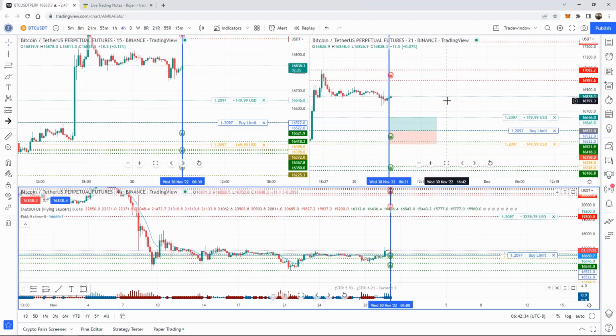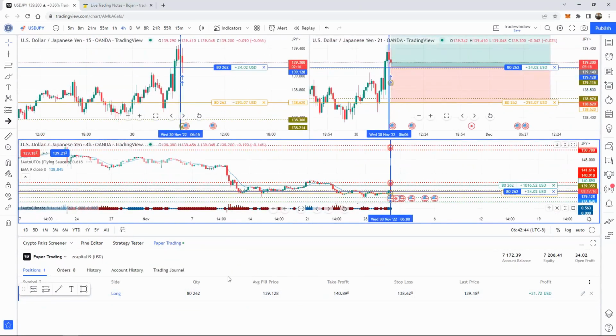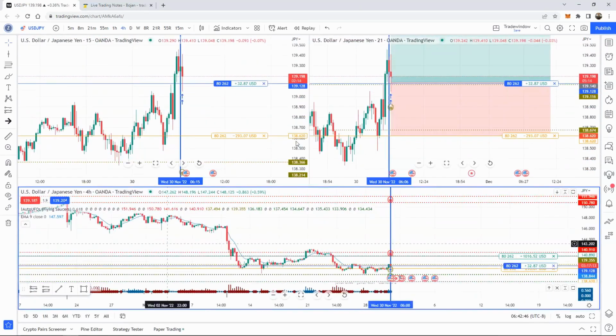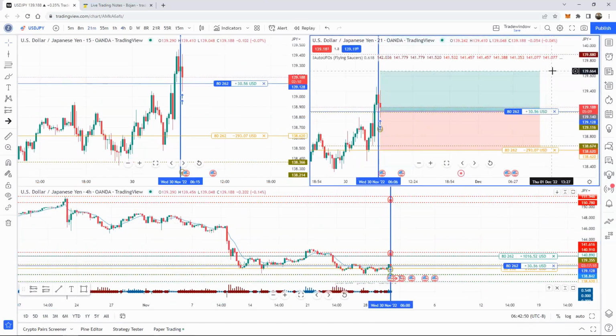I don't typically execute on TradingView. I like the platform for charting, I like it for its convenience, but I don't particularly like it for execution because, as you see right here, what I have to do is close it at market if it reaches my T1. But nonetheless, the trade is in.